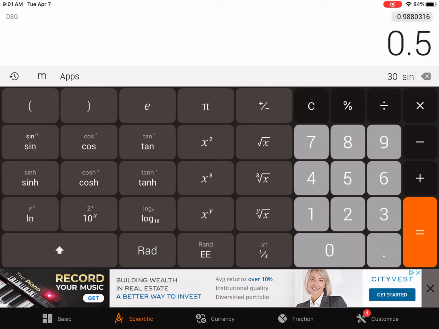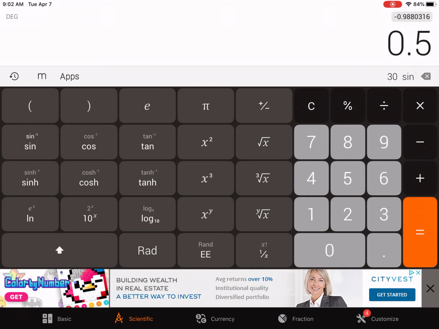So every single calculator you have, you will see a button like that. If you're using more of a handheld calculator, you might have to click on a mode button and then find it in your calculator settings. If you can't figure out how to do it, let me know and show me a picture of what type of calculator you're trying to use, and I will help you find it.